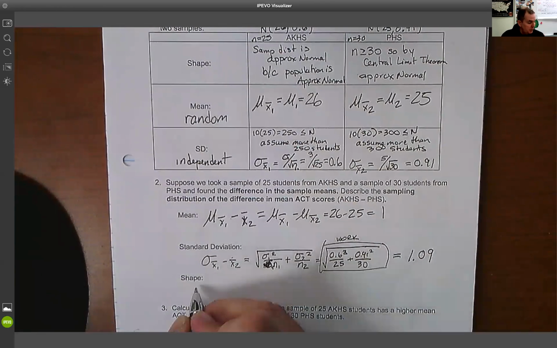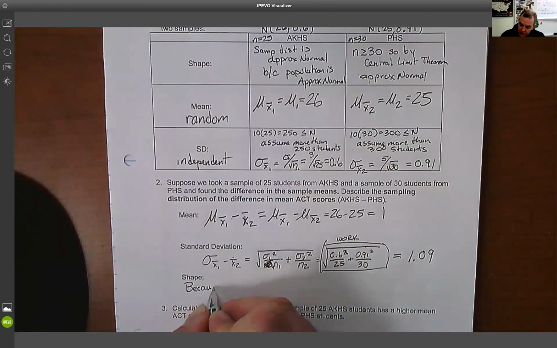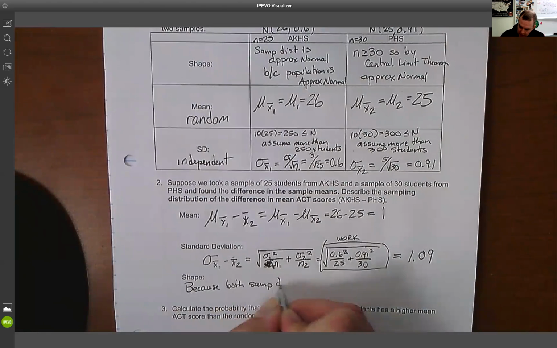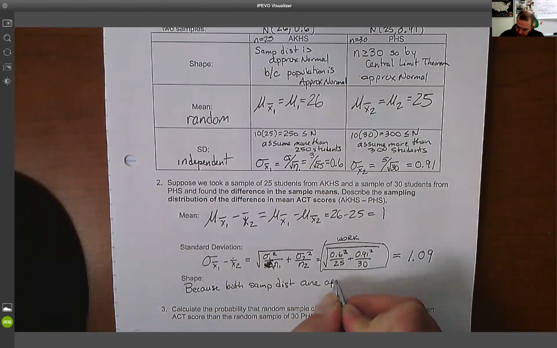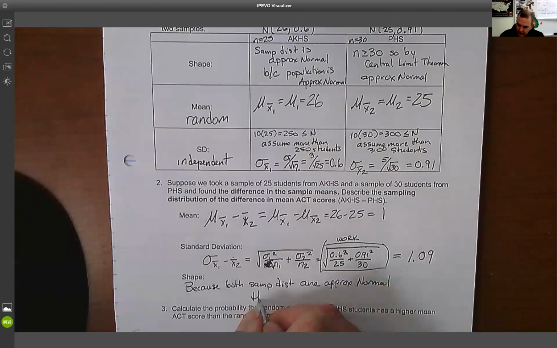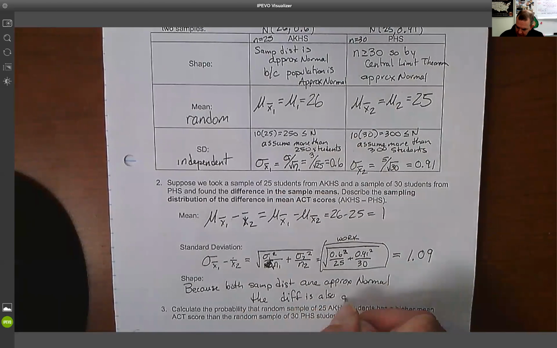Now the shape of this distribution. Because both sampling distributions are approximately normal, the difference is also approximately normal.